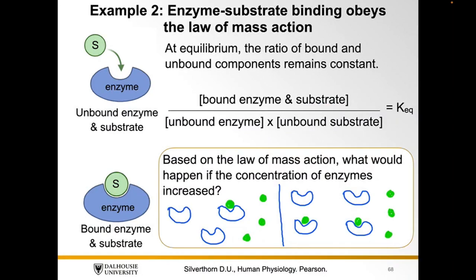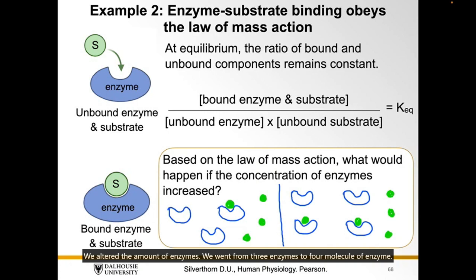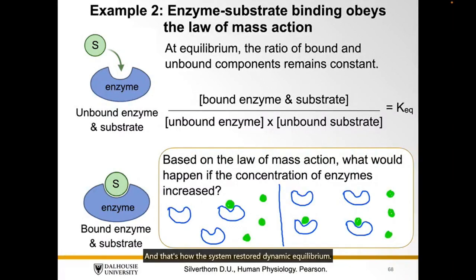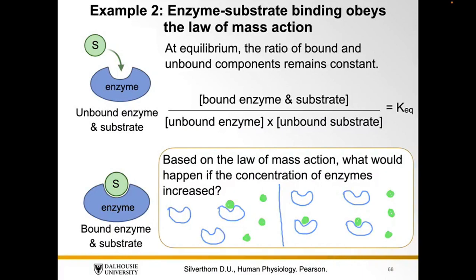If you change one component of the system, it has a chain effect that will then also alter the other component. So here, going back to this example, we altered the amount of enzymes. We went from 3 enzymes to 4 molecules of enzyme. And as a result, this altered the amount of substrate that was bound to the enzyme. And that's how the system restored dynamic equilibrium.